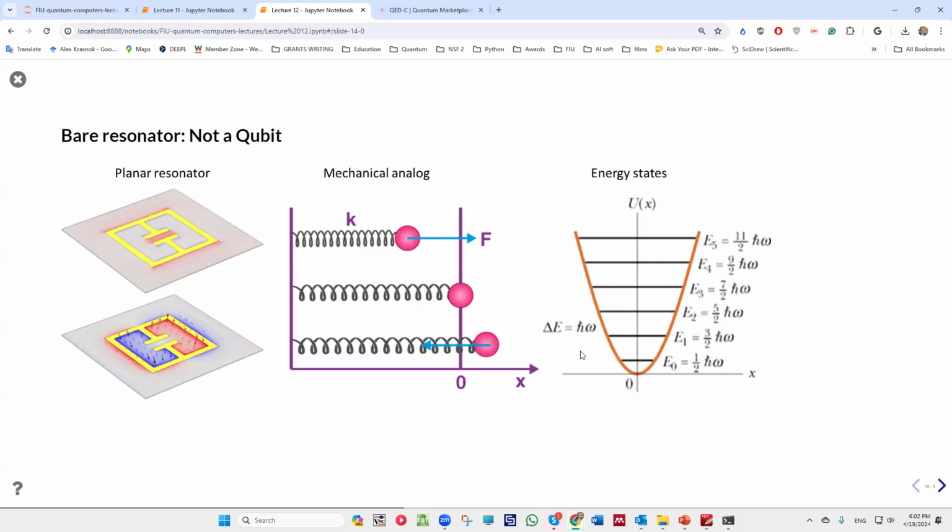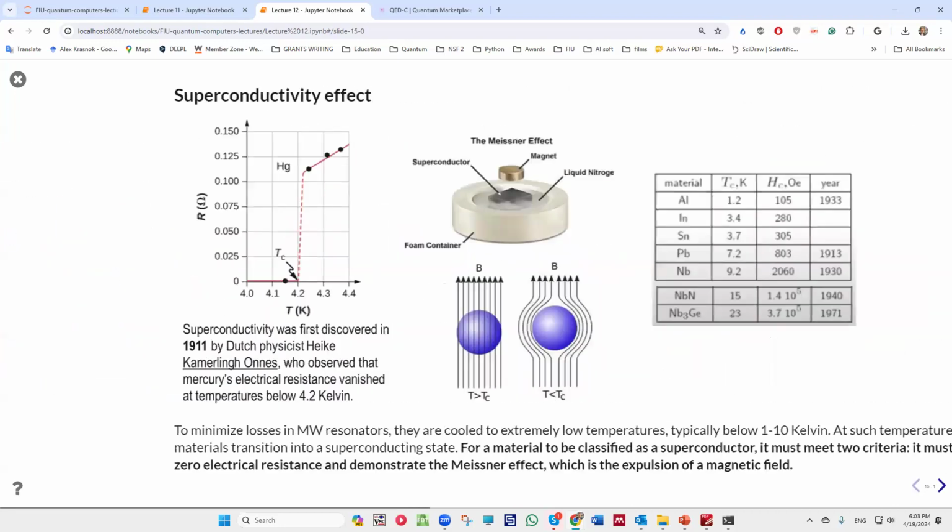As soon as the resonator captures one photon, the field of the photon changes the frequency of all the states above. So the frequency, for example, becomes smaller, and because of that we get an energy mismatch, and the circuit cannot absorb another photon because of this energy mismatch.